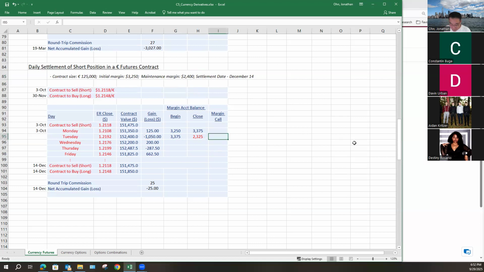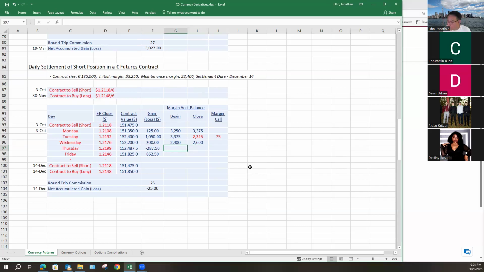So you get a call from your broker, and your broker will ask you to put in $75 to make the beginning balance on Wednesday equal to the maintenance margin, 2,400. So you don't have any problem here. And there you gain $200, so this plus $200 gives you $2,600, which is over your maintenance margin, no problem.